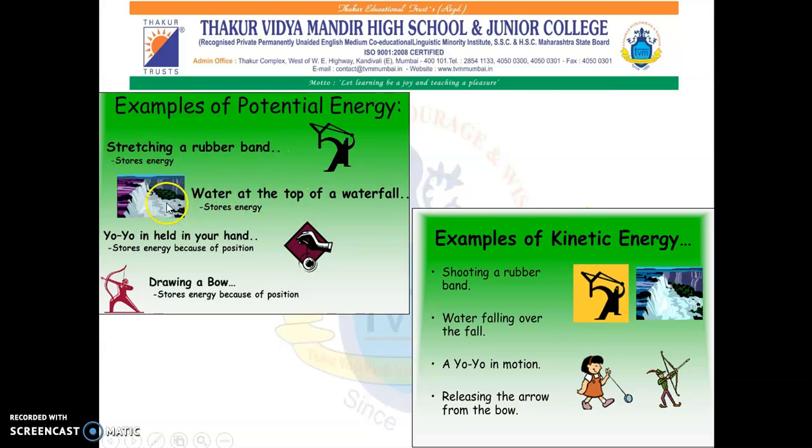Water that is stored at the top of the waterfall has potential energy, which is converted into kinetic energy when the water is falling down. It can be used to even run a turbine. Yo-yo held in your hand has potential energy because of its position, whereas a yo-yo in motion will have kinetic energy. Drawing a bow, it has potential energy, but releasing the arrow from the bow, it has kinetic energy.